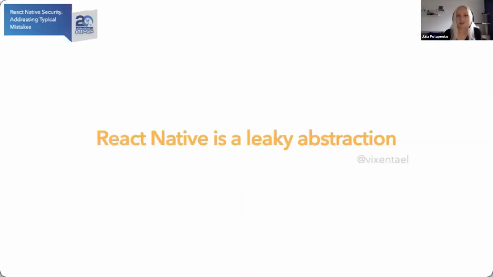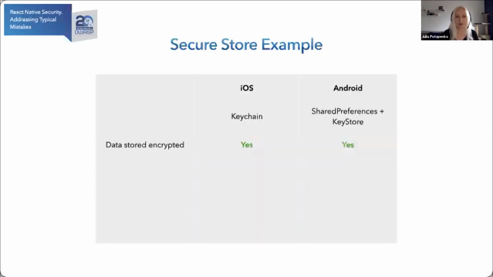I just love this phrase that React Native is a leaky abstraction. React Native allows you to abstract from the details of each native platform, but sometimes such details are very important from the security perspective. Let's take a look at several examples. The first one is Secure Store.